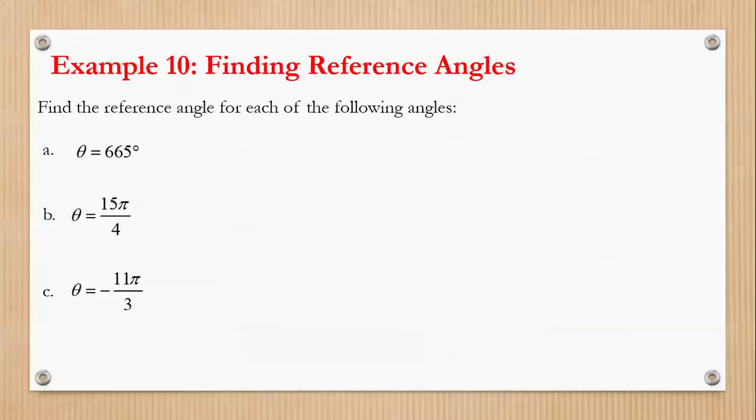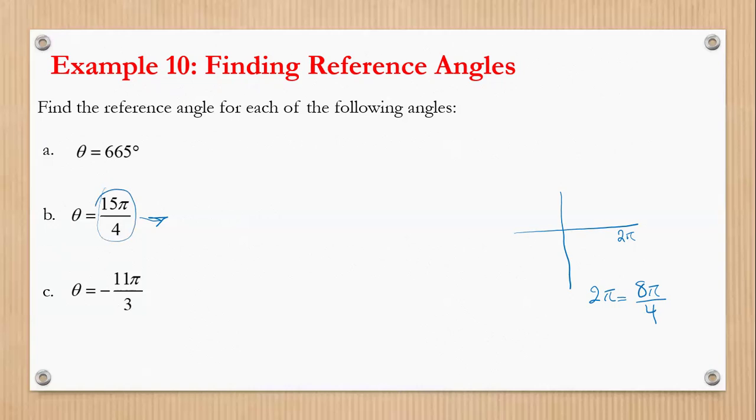Now let's look at the second angle, 15 pi over 4. I know that one full rotation is 2 pi, and 2 pi is exactly 8 pi over 4. My angle is 15 pi over 4, which means it's more than one rotation.